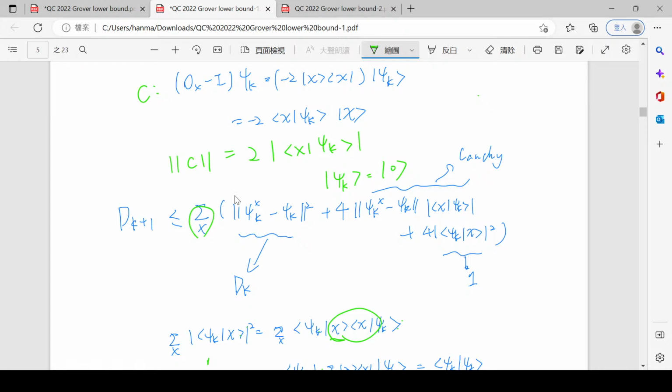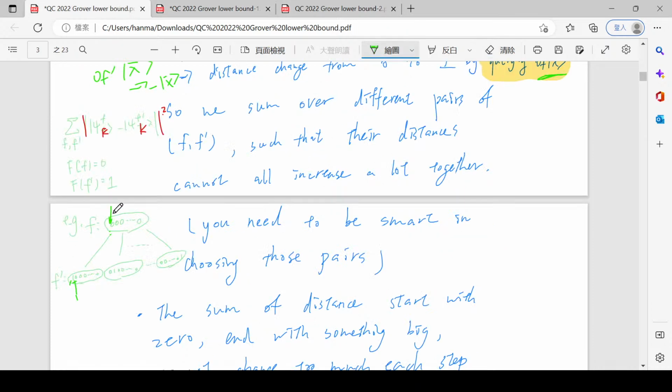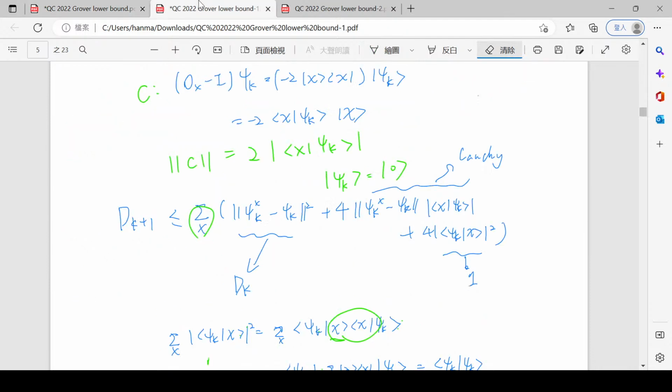So you can only get bounded progress when you are averaging over the distance between different pairs. And then we do everything rigorously with the math.